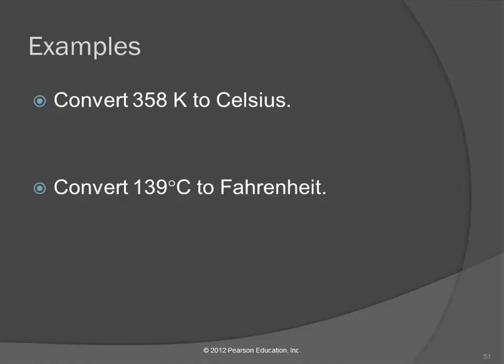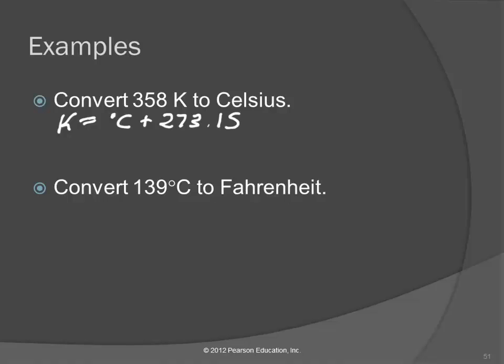So here's an example. Convert 358 Kelvin to Celsius. I probably didn't leave enough room here. So temperature conversions always need an equation. Always. So the equation we have between Kelvin and Celsius is that Kelvin equals degrees Celsius plus 273.15.